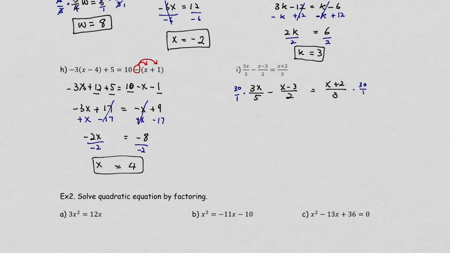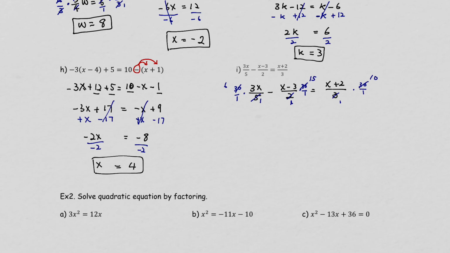Because you have two terms, distribute, you end up multiplying 30 over 1 to all the terms. And you get 6 remaining, denominator is 1. 15 remains, denominator is 1. 10, denominator is 1. So no more denominator.